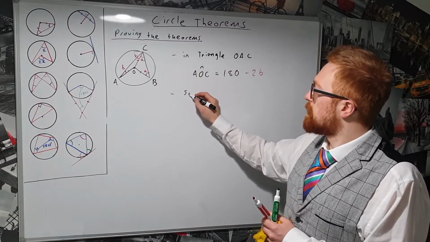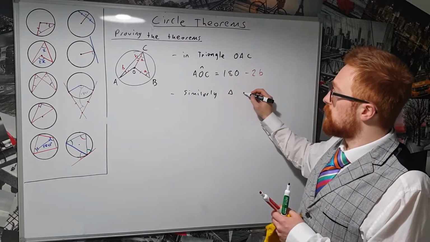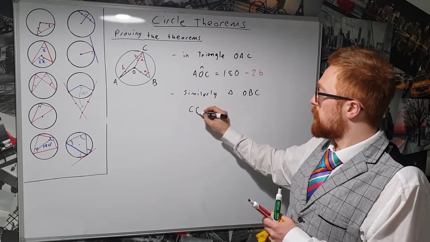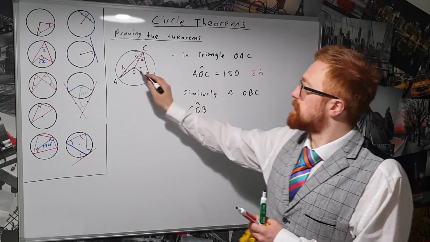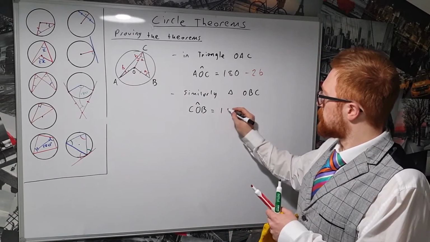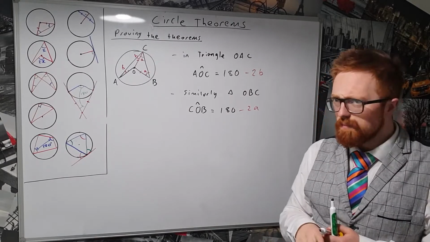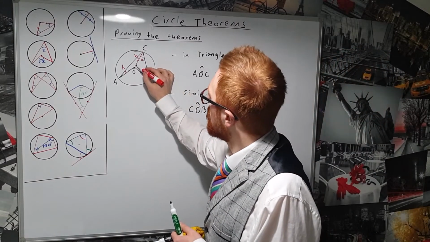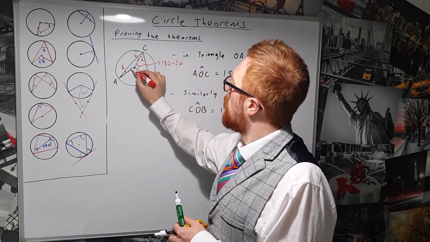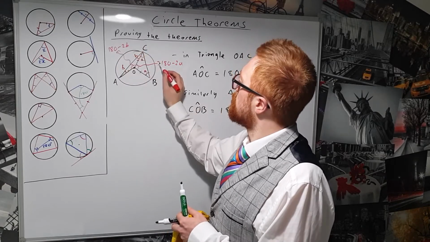Similarly for triangle OBC, angle COB, this angle here, is 180 take away 2a. So this angle here is 180 minus 2a, and this angle here is 180 minus 2b.